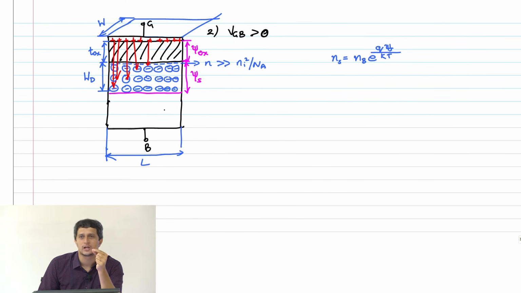So beyond a certain point, a small increase in the surface concentration is like a ln, the surface potential has to go only a ln of that, and therefore it will stop increasing. So if I want to derive the surface potential psi s, it will be kT by q ln of ns by nb.